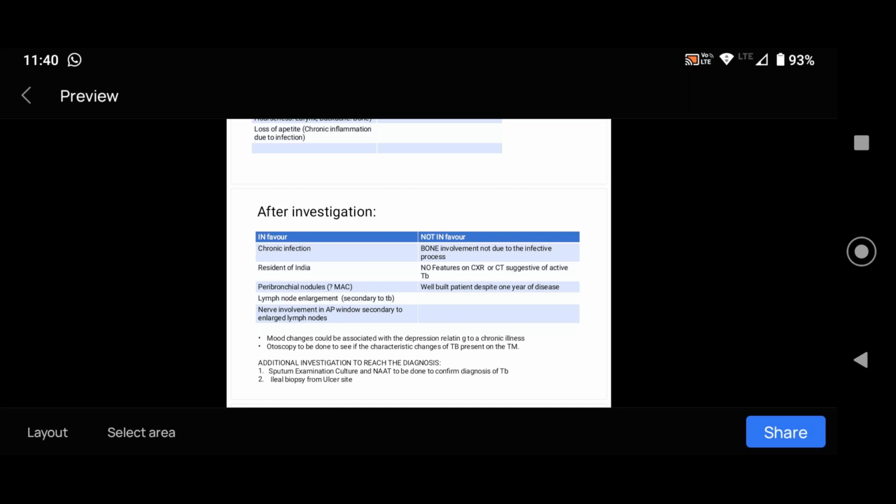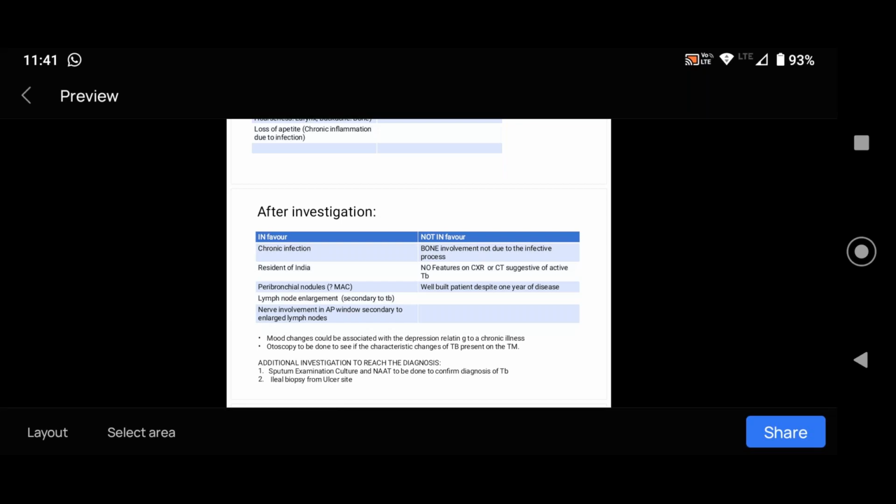Sputum CBNAAT would have been done if he was expectorating. He was not producing any sputum, so from where would you do a CBNAAT? And this ileal ulcer was there 8 years ago, so it was not there now. We have to take it as a past history. We could not find any active ileal ulcers.